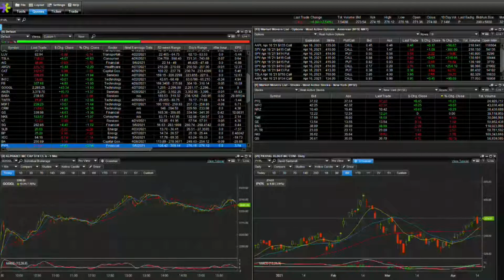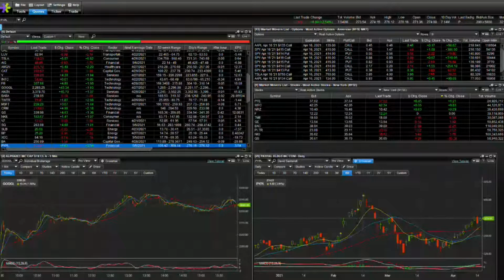Well, guess what? If we have the 270 strike call and it gets up to 300, what's the difference between 270 and 300? $30, right? So this contract right now is at $20.40. So if it gets up to $30, guess what? We paid 16.40. 30 divided by 16.4, that's a max gain there of 83%.